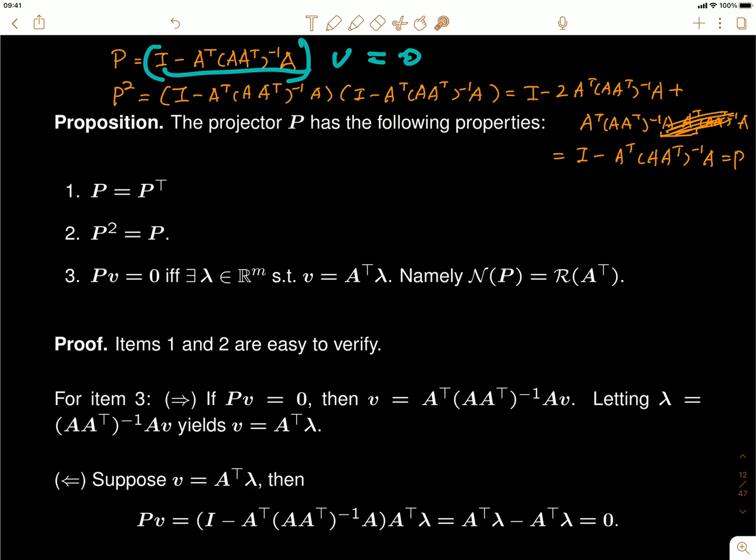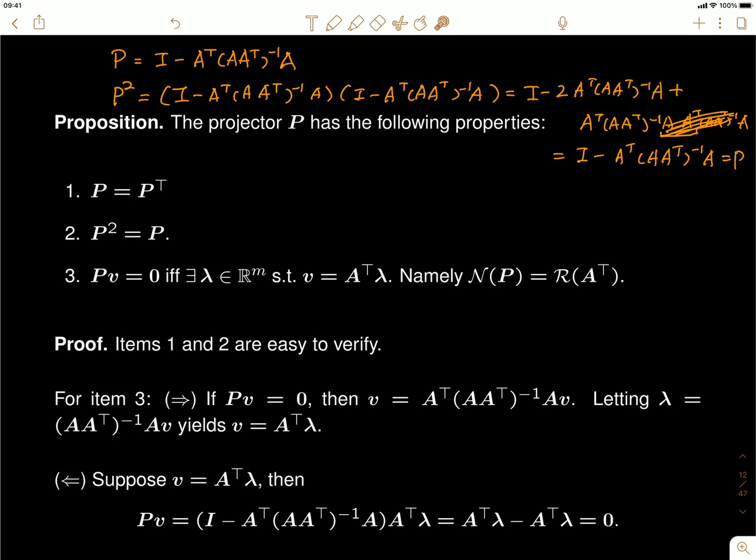But you can see there are two terms right here, I and this, so you can move this second term to the right, and you just have V equals this times V. So this is the matrix right here. Okay, and that's what V needs to satisfy. That's PV equals 0.